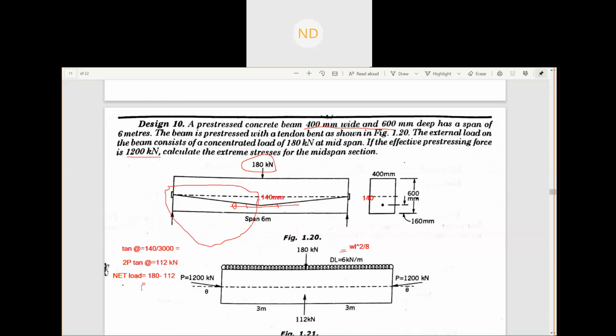So that will be how much? Calculate. 68 kilonewton. Good. So it is 68 kilonewton. That means this is our net load. Now we know our dead load to be 6 kilonewton per meter.